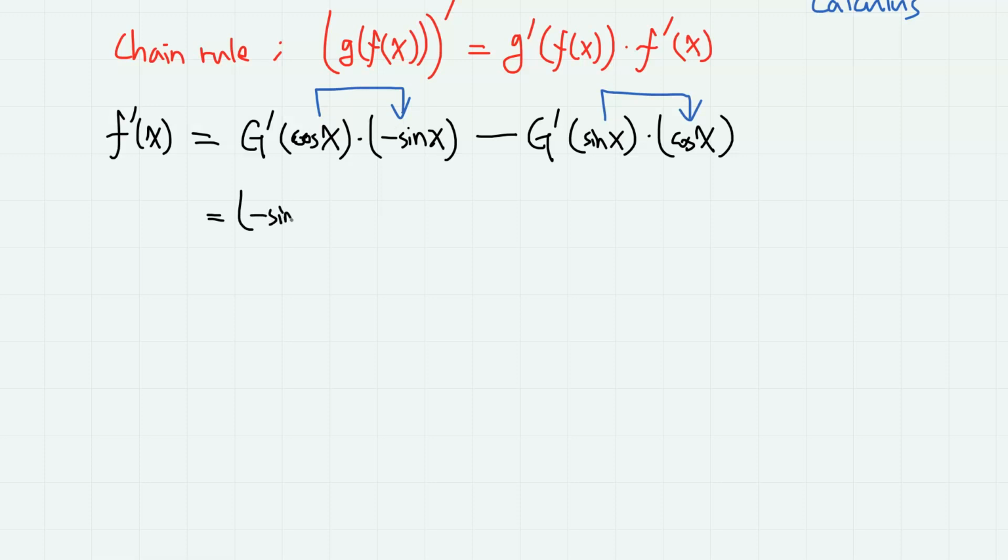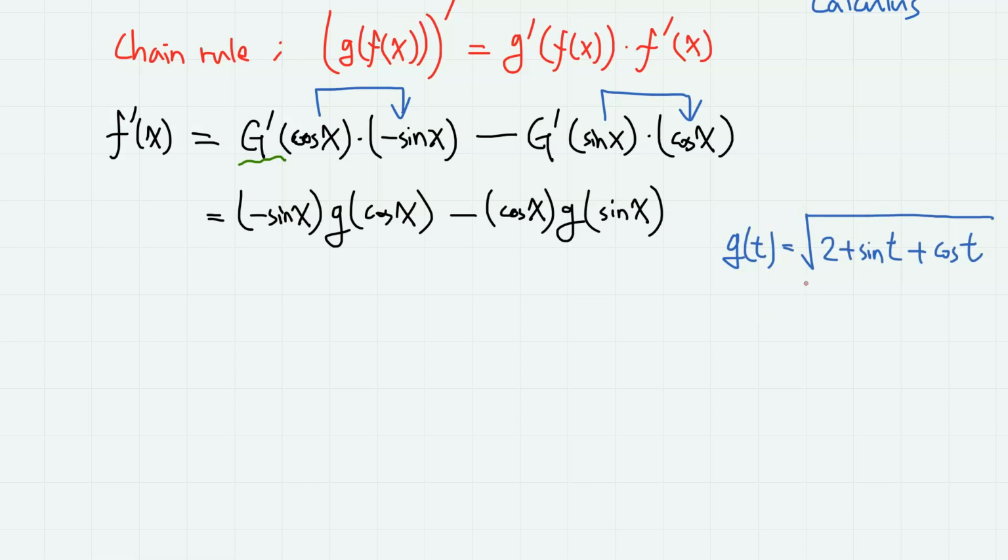So if we write this minus sine x first, the derivative of capital G is simply small g, so we have small g of cosine x, and for the second term, if we write this cosine x first, then we have small g of sine x.